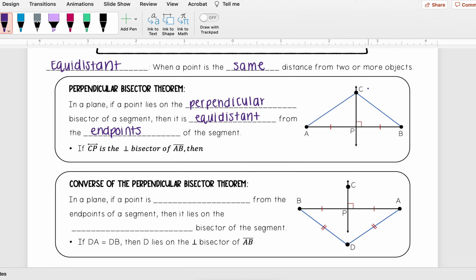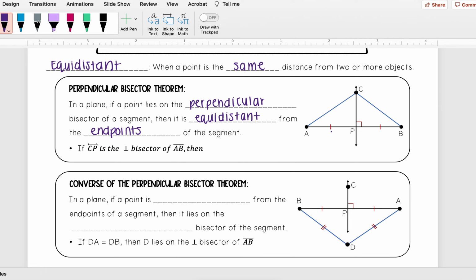So we see in this picture here, we have a point C, and the point C lies on the perpendicular bisector. And remember, perpendicular bisector just means that this line is perpendicular to the segment. So we see that line CP is perpendicular to AB, and it's bisecting it.